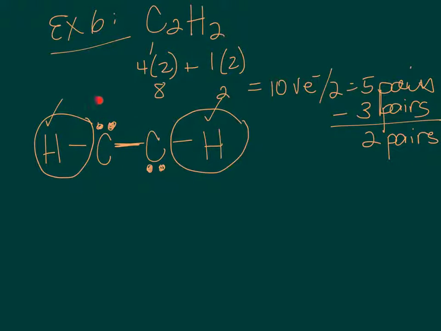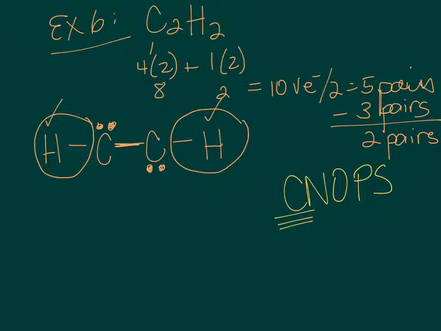Well, carbon does not have 8, so he's not stable. Same thing with this guy. This guy has 2, 4, 6. He's not stable. He needs 8. And so we've got to find a way for both of these carbons to get 8. So beware of CNOPs.